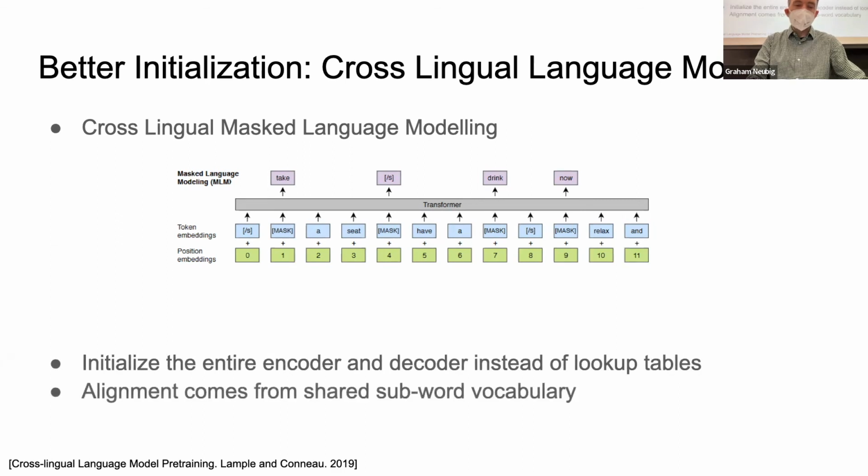Basically, you can train a single multilingual language model as your encoder or both your encoder and your decoder, and use that to initialize the translation model. And this is good because you're initializing the whole model as opposed to just the input.